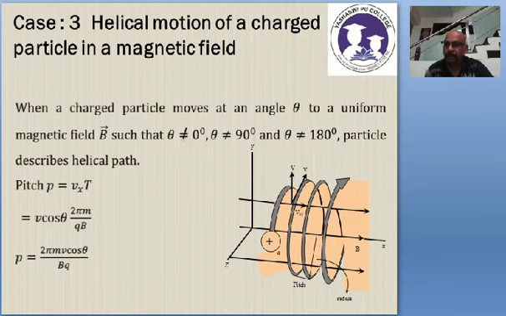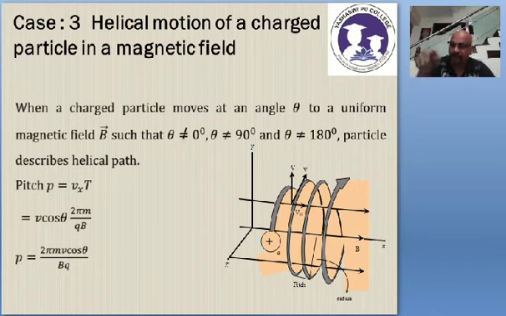One, the component of velocity parallel to the magnetic field, that is v cos theta, the v parallel component, makes the particle move in the direction of the magnetic field. Another component, the perpendicular component, that is v sin theta, makes the particle go in a circular path.